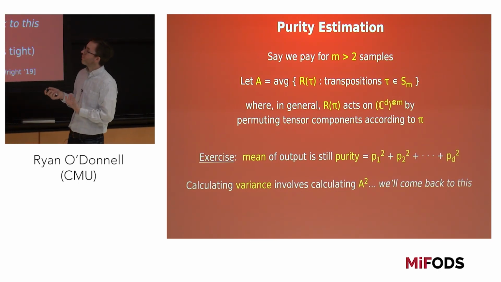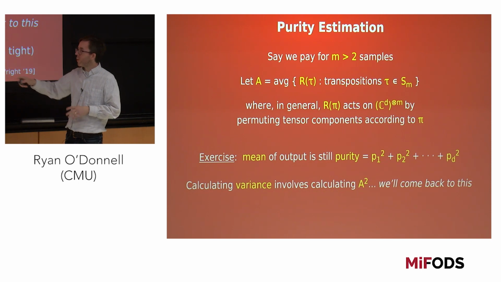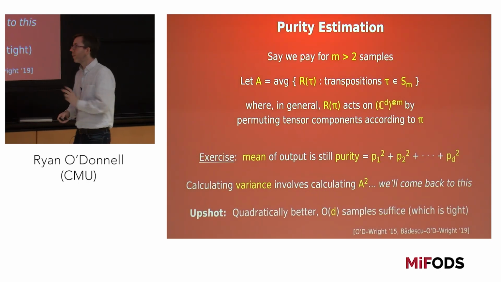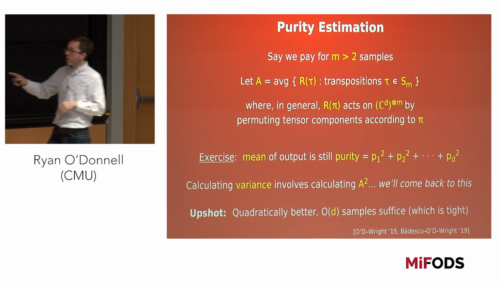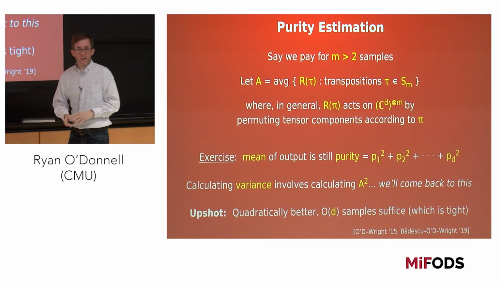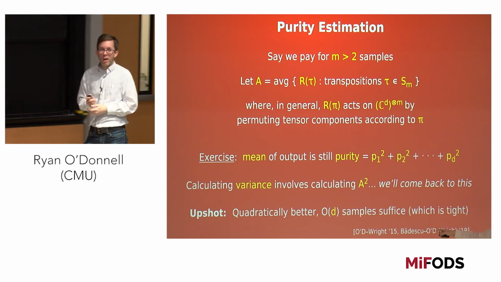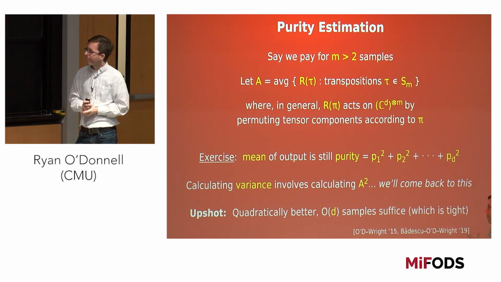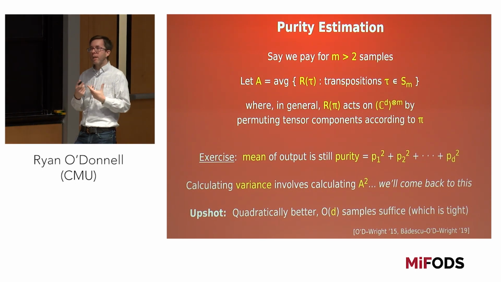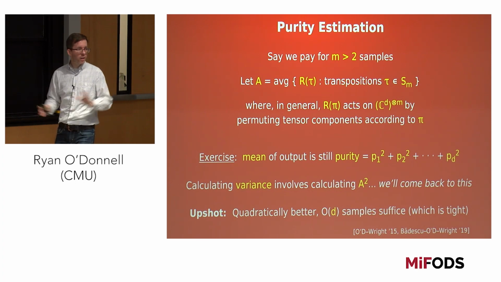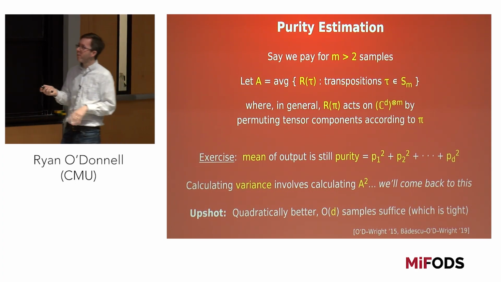I don't quite say what the problem is, but you can do it with order D samples. And this is tight. Actually, for some versions of the problem, this was solved even earlier by Aram. And I'll mention this paper shortly. Okay, and if you know Paninski's algorithm for estimating the distance of an unknown distribution to the uniform distribution, it's highly analogous. And Kostas has a paper that has an analysis similar to this.